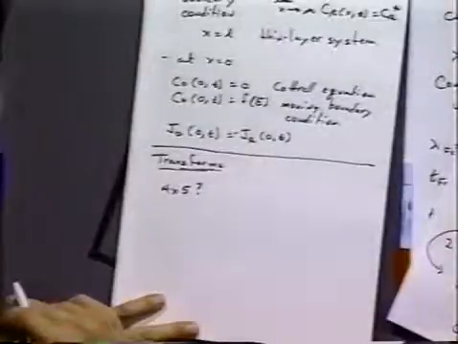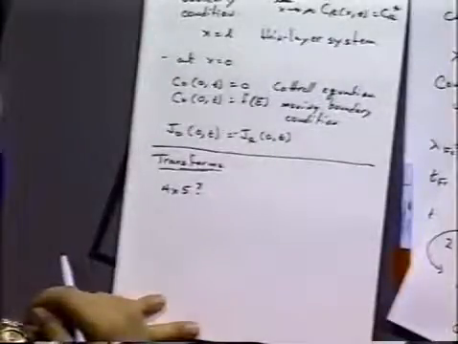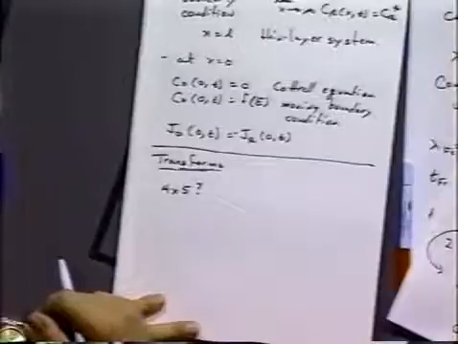A good example of a transform is, suppose we wanted to solve the multiplication 4 times 5. Well, we may know the answer by rote, but we could use a transformation to make the problem, rather than a multiplication, into an addition.